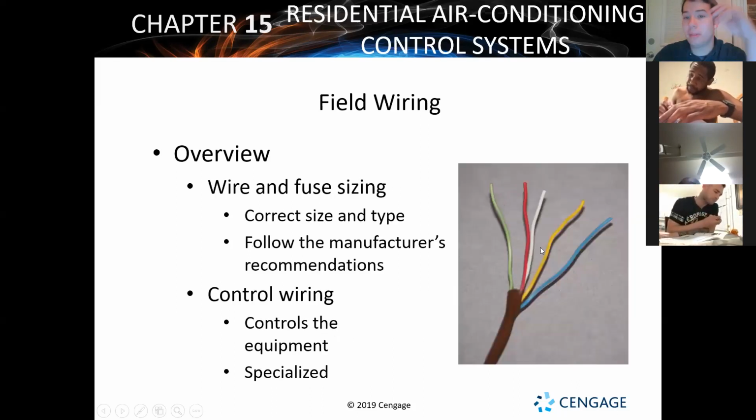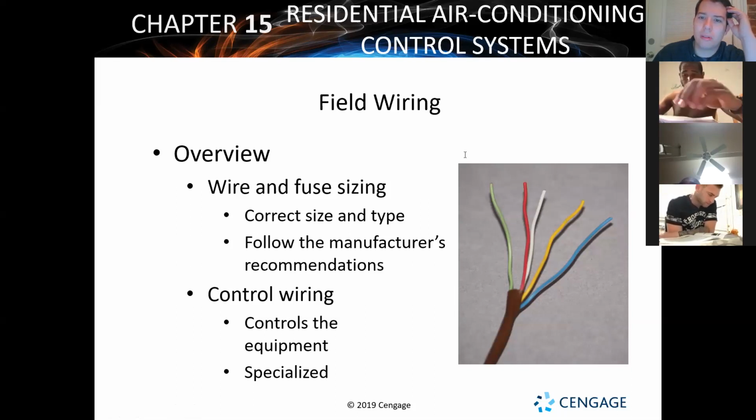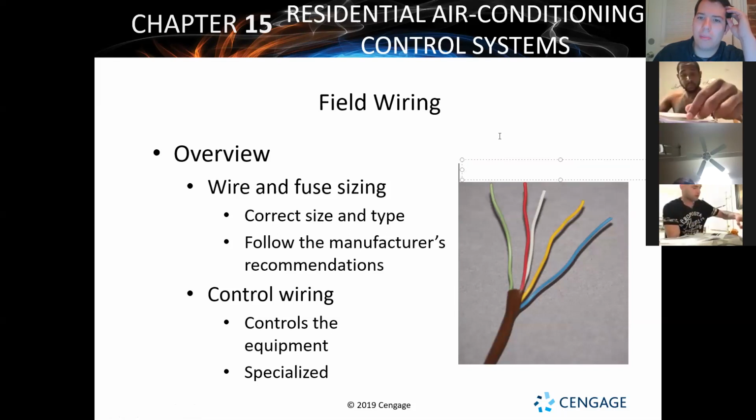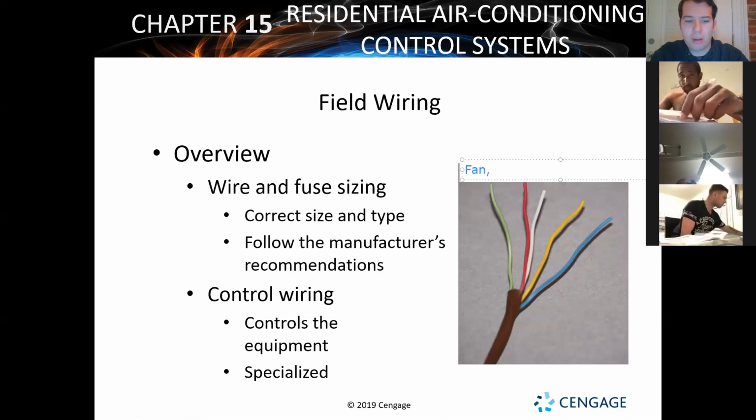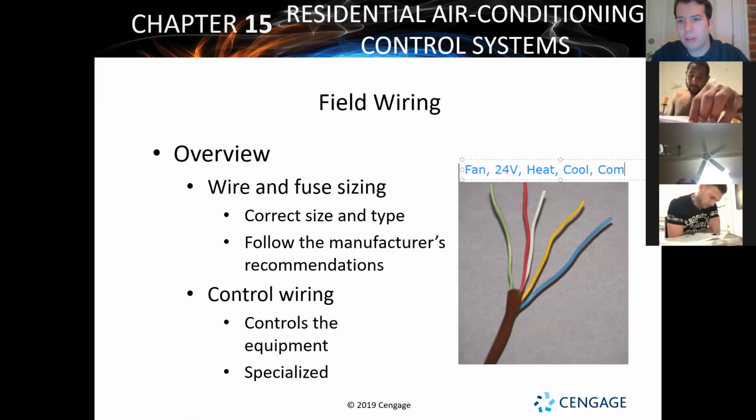So for field wiring, the one big thing, especially for control systems, is making sure you get the right sized wire, and making sure that you've got the proper colors and everything lined up. Makes life so much easier. So for this one, we've got fan, 24 volts power, heat, cool, and common.